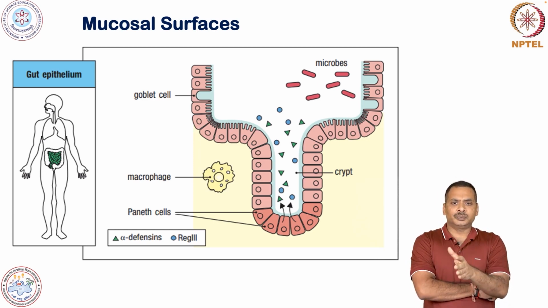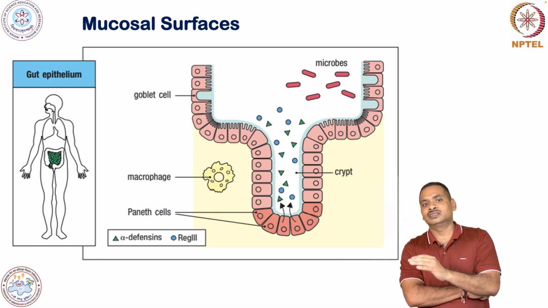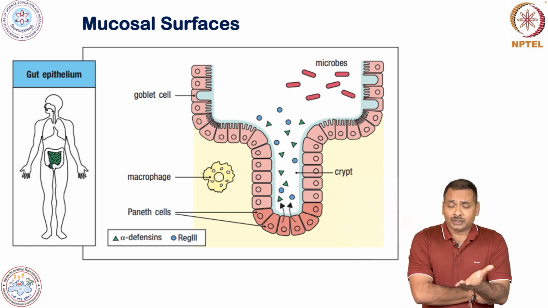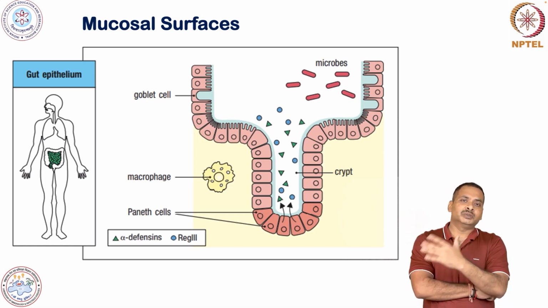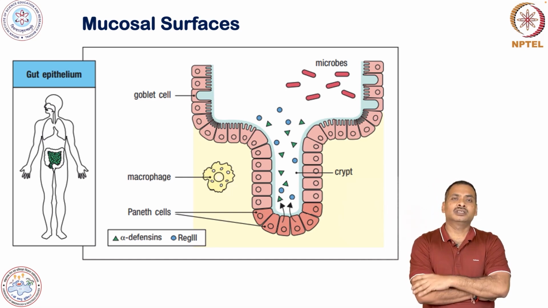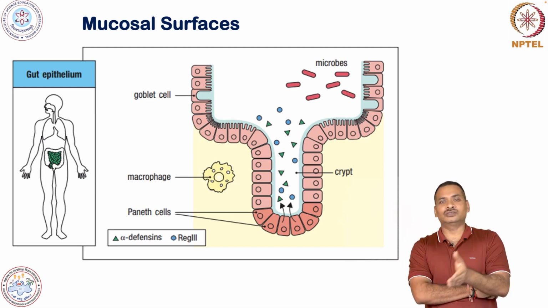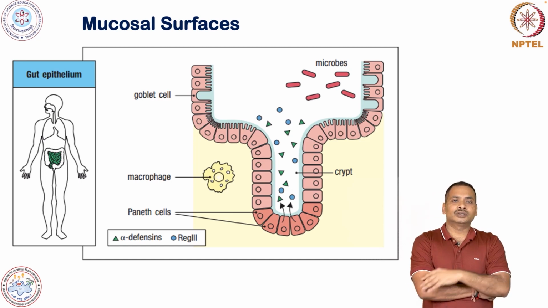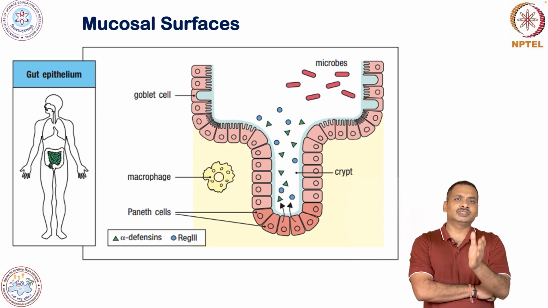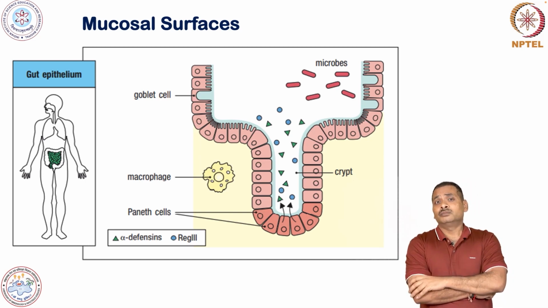Okay, and there is a crypt, and this mucus keeps on moving, so the microbe cannot attach. Okay, and if it does attach, then it will be taken to the lymphoid tissue, which is just present beneath this. You probably remember there is the Peyer's patch, lamina propria. Over there is lymphoid tissue, and it will be taken care of by that. Okay, so the mucosal surfaces are also protected from a variety of microbes.